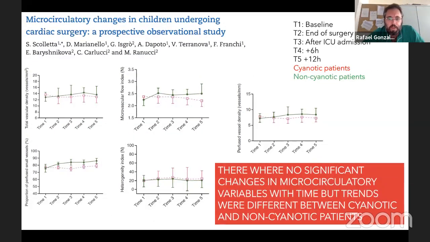In the second study, from the group of Sabino Scoletta, they didn't find significant changes in the microcirculatory variables from the baseline time point till 12 hours after surgery, but microcirculation was different in the patients with cyanotic congenital heart disease.